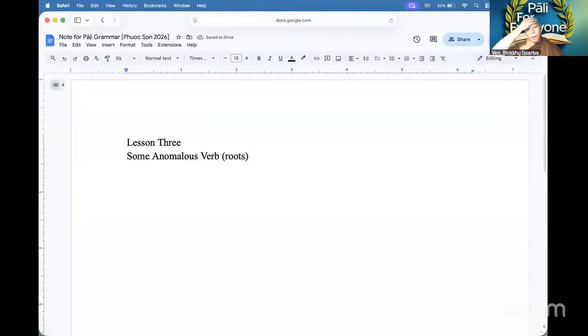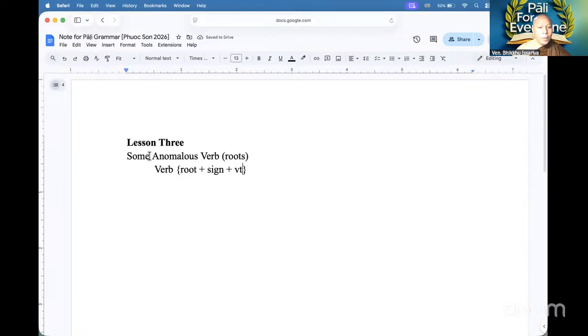So at the very beginning, we already introduced in Pali the verb. So a verb has at least 3 parts. One is root, and second is conjugational sign, and that one is verb termination. In this way, 3 parts are included.